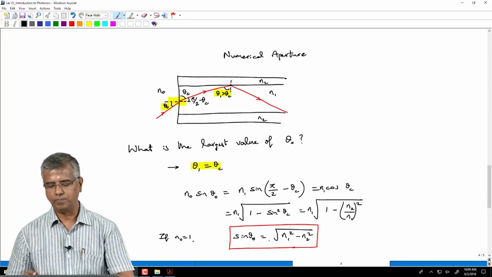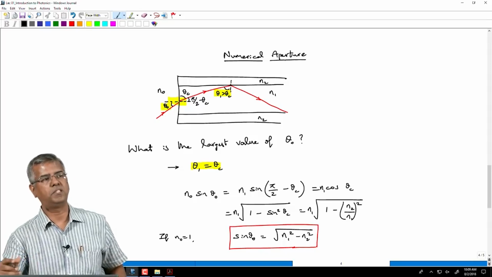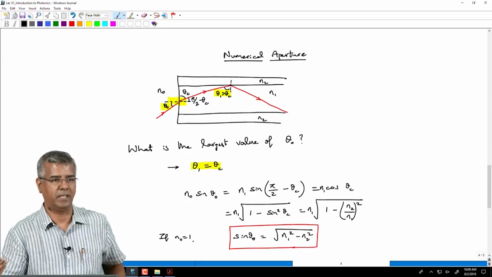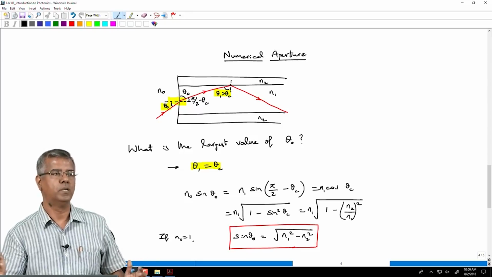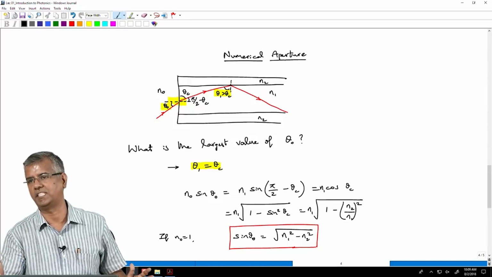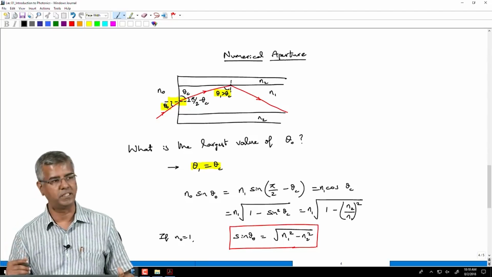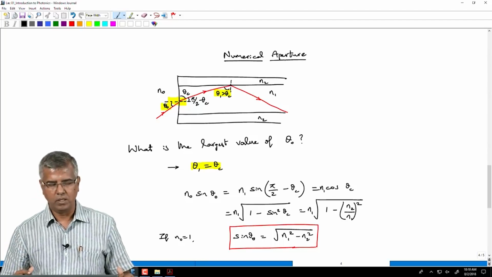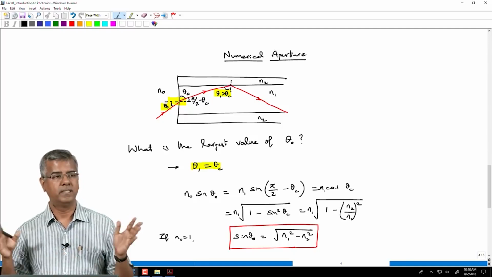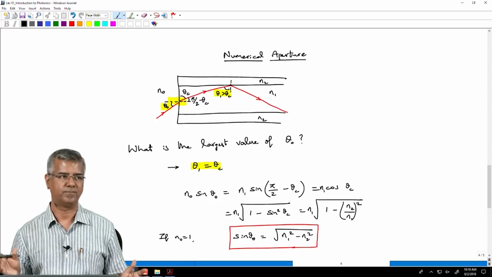So this is a very simple picture that is enabled by ray optics. We did not do anything other than the law of reflection and law of refraction here, and we came up with this sort of formulation. And of course, what this tells you is that you want a very large numerical aperture.